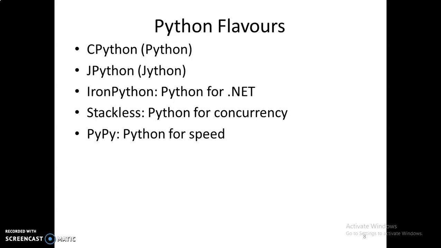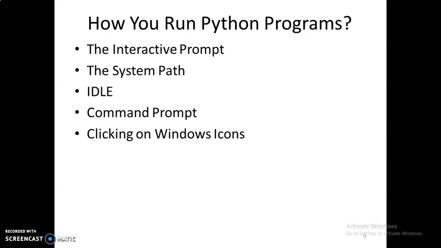If you need to work with concurrent transactions, then you can work with the Stackless flavor of Python. And since Python is an interpreter based language, it is definitely slower than compiler based languages like C and C++. So to get some more speed in your Python code, you can use the PyPy flavor of Python.